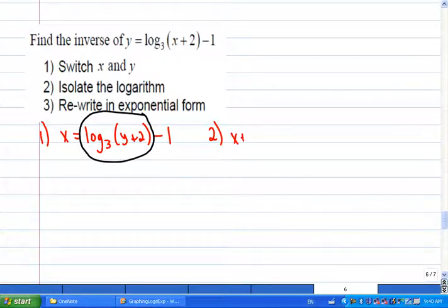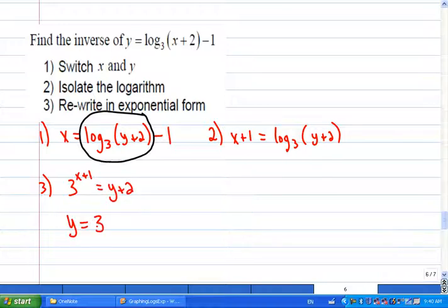So this will be x plus 1 equals log base 3 of y plus 2. And to rewrite this as an exponential, that would be 3 to the x plus 1 equals y plus 2. So I would probably write this as y equals 3 to the x plus 1 minus 2, just by moving the 2 to the other side.